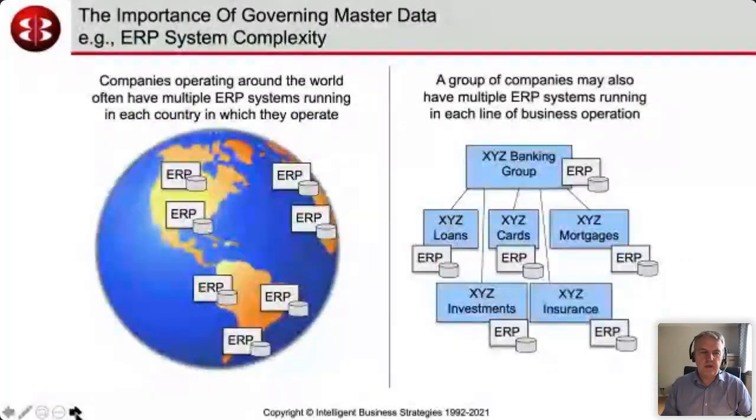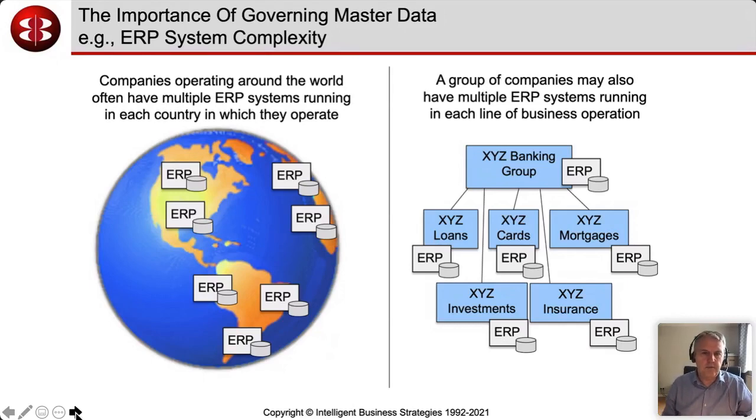And many companies that I have done consulting with don't just have one ERP system. They may operate globally and could have different instances of the same ERP system in multiple parts of the world, or they could be part of a bigger group, in which case there could be multiple instances of an ERP system across the group, rather than necessarily one.